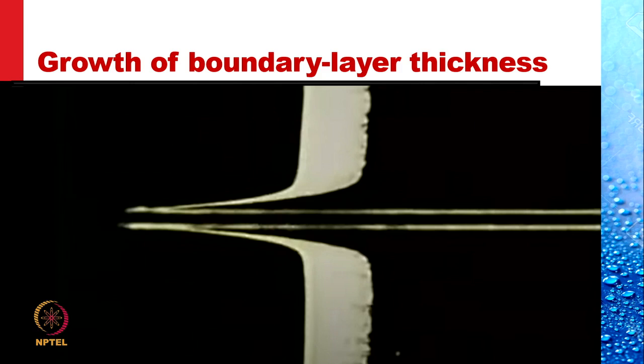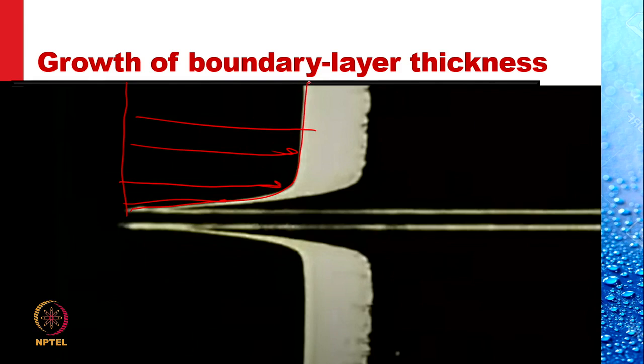You could see that this would appear like the velocity profile. A boundary layer velocity profile you can see. And this becomes something like a boundary layer thickness, and you can see that this is growing. There is ample evidence of the phenomenon of the development of the boundary layer.